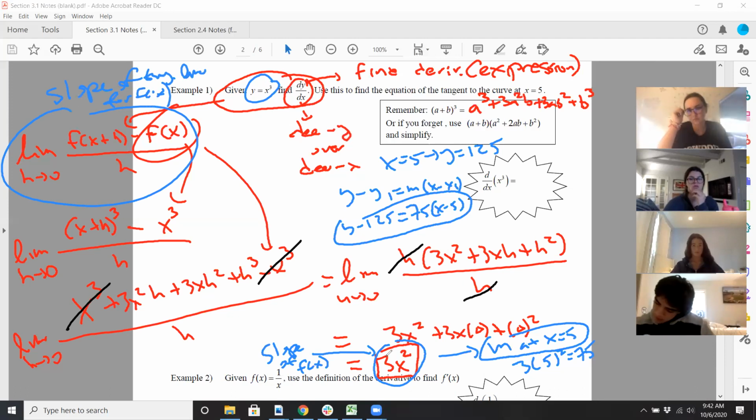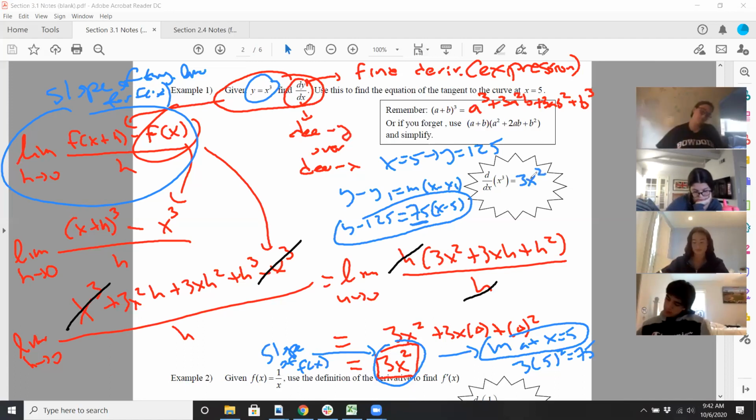I use that general expression to help me find this right here. So I plug 5 in for x because we're told to find the equation of tangent at x equals 5. And then, of course, I have my answer. Again, the derivative of x cubed is 3x squared. That'll always be true.